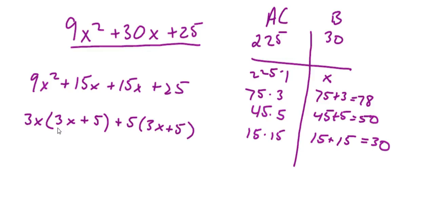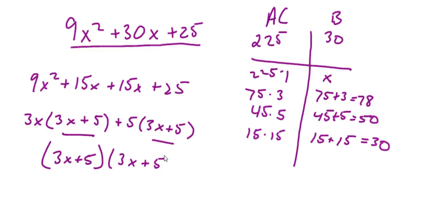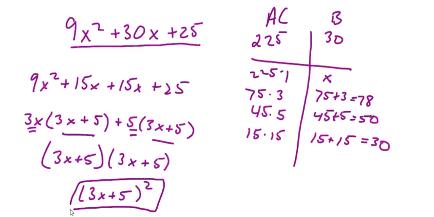These are the same, so we factor this out: 3x plus 5. This and this, we have 3x plus 5 remaining. We can write this as 3x plus 5, this quantity squared. There we have it.